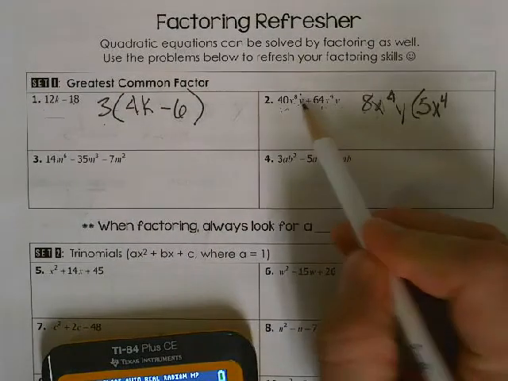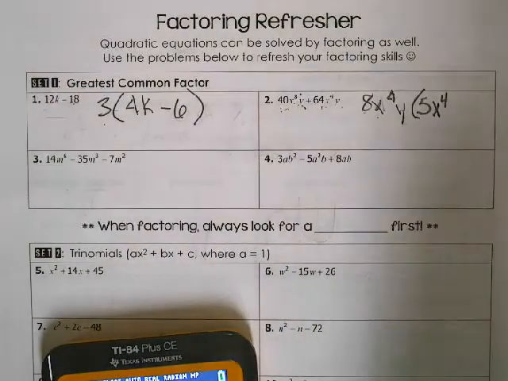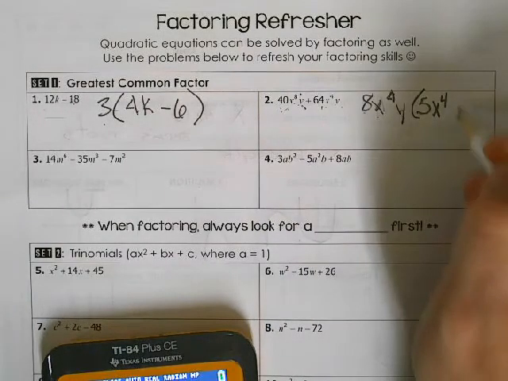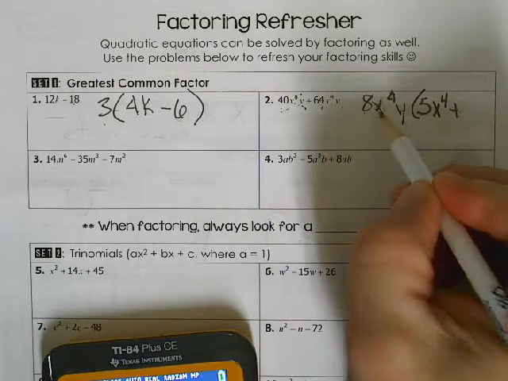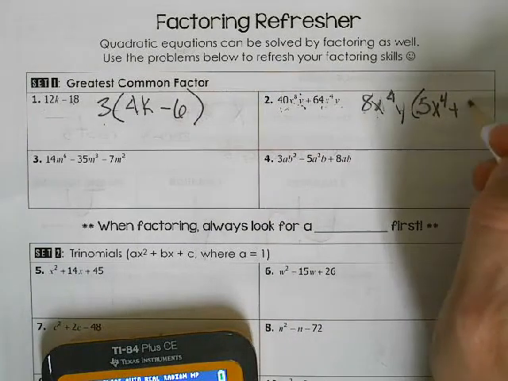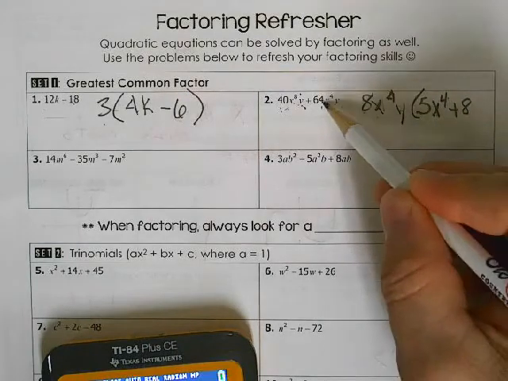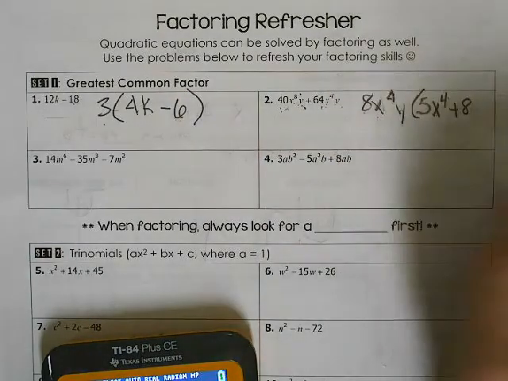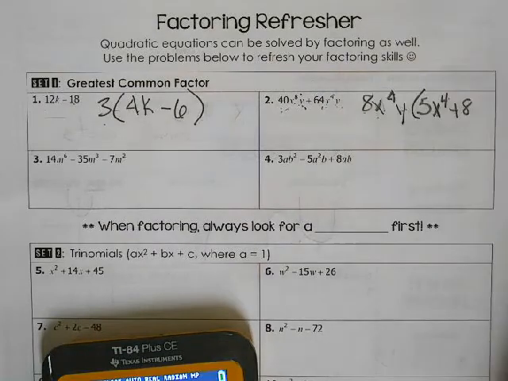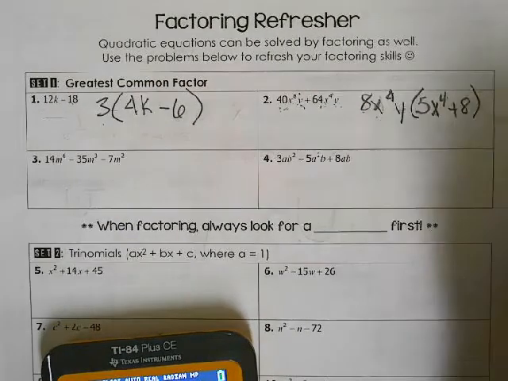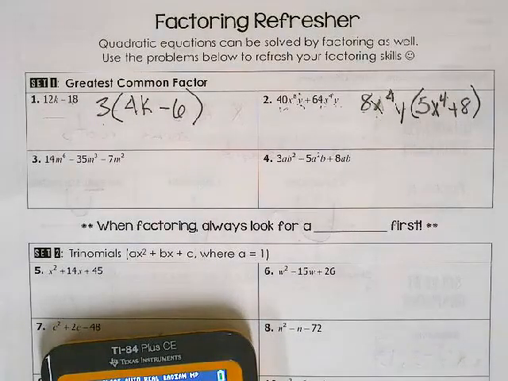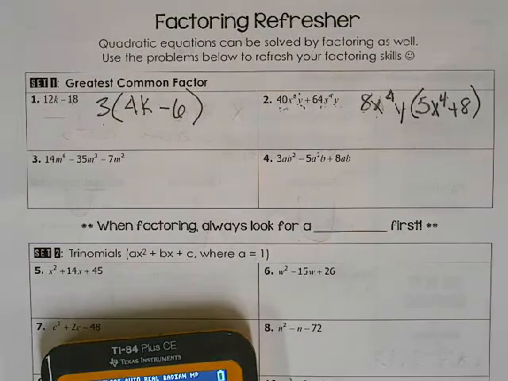And y times what is y? Just 1. So we'll leave that off. Plus, do the same thing with the second term. 8 goes into 64 8 times. X to the 4th goes into x to the 4th 1 time. Y goes into y 1 time. So we just leave it there. We don't have to do it. You don't remember? Do. Okay, great.